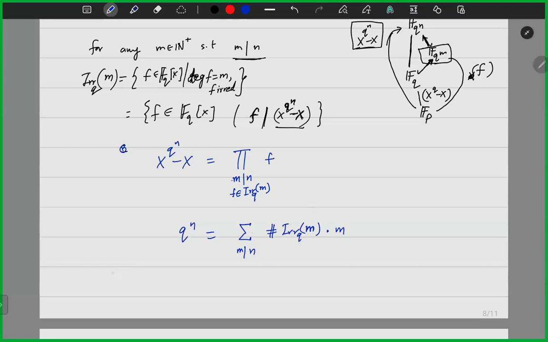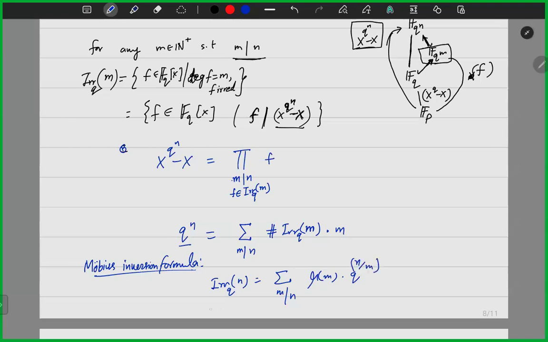But from here, applying the Mobius inversion formula, what we'll get is the number of irreducibles of degree n equal to, here we'll get the Mobius function, summation over m dividing n of Mobius of n over m, this function goes to the other side, q to the power m.